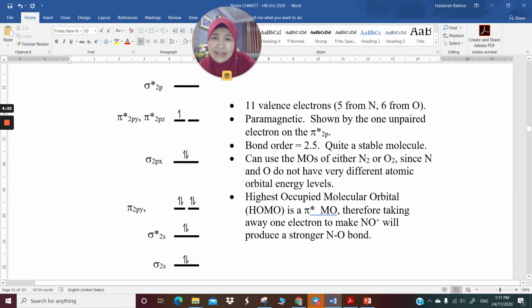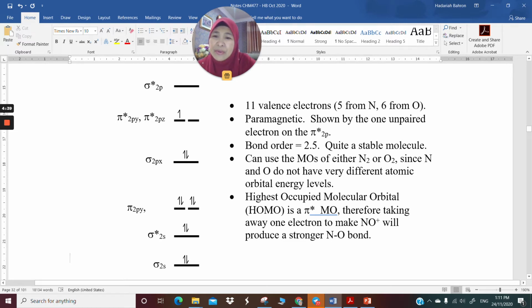Sigma 2s is the result of the overlap of the 2s orbitals of the nitrogen and the oxygen. You have your sigma antibonding 2s, which is the destructive interference or the minus overlap.